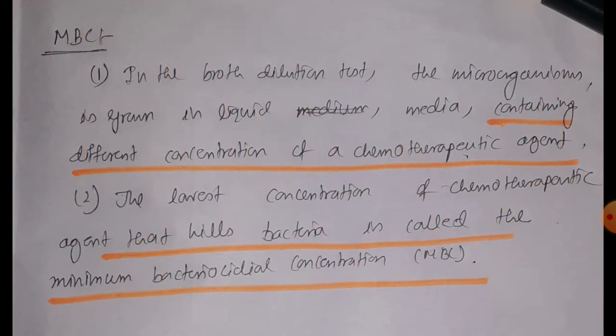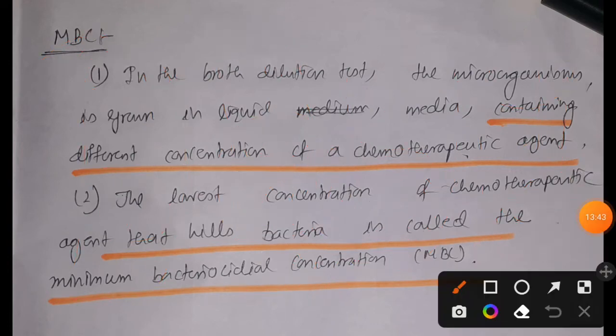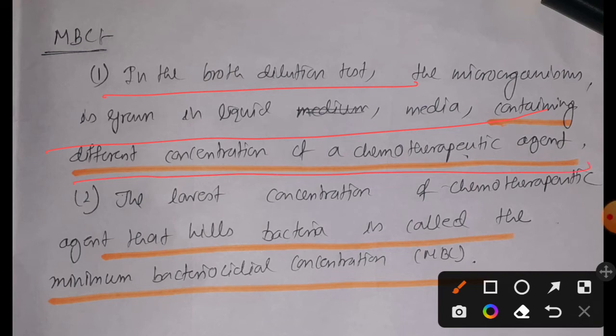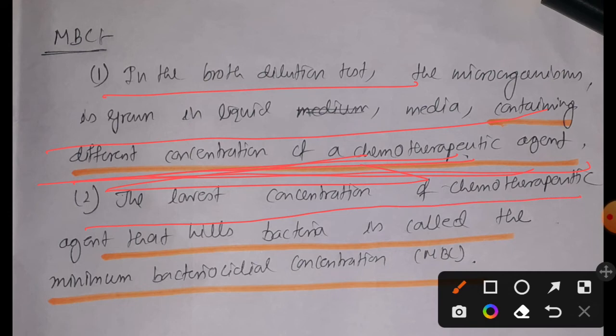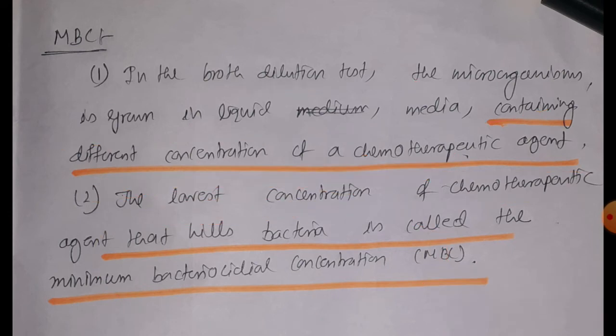That is what I have written here: in the broth dilution test, the microorganism is grown in liquid medium containing different concentrations of the chemotherapeutic agent, and the lowest concentration that kills bacteria is called the minimum bactericidal concentration.